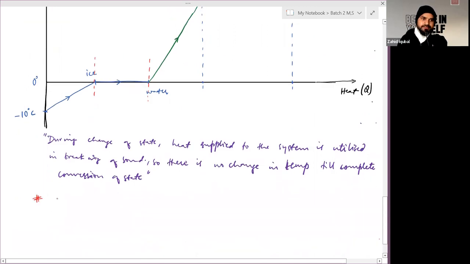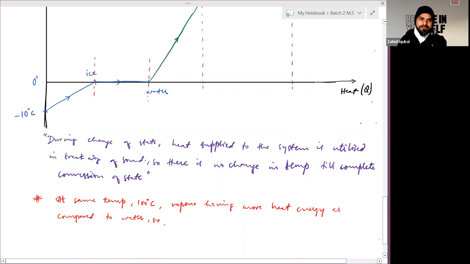So first, at same temperature, 100 degrees Celsius, vapor has more heat energy as compared to water. So it can cause more severe burn.